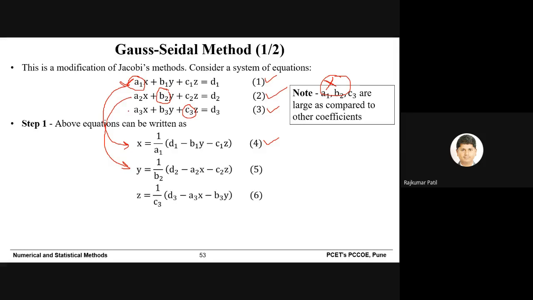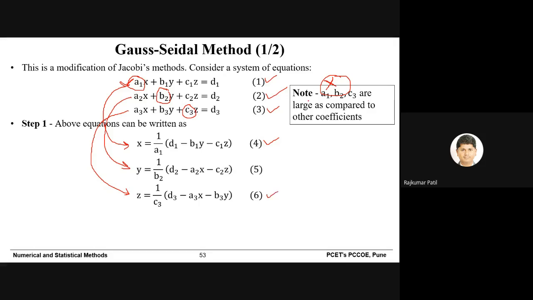And similarly we write equation number 3, in which you can see on the left side z, which is equal to 1 upon c3 into bracket d3 minus a3x minus b3y, and this will be equation number 6.